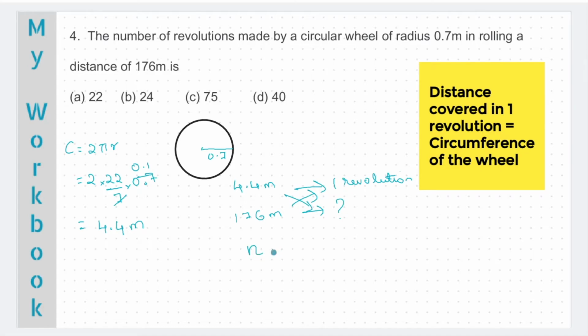So if n is the number of revolutions, it is equal to 176 divided by 4.4. This will be 11 tables, 0.4 times, 16 times. So 40 is the answer. Number of revolutions is 40. D, 40, is the correct answer.